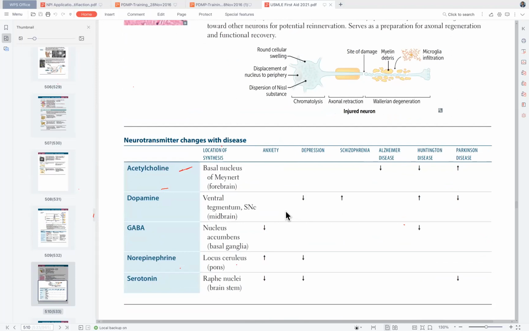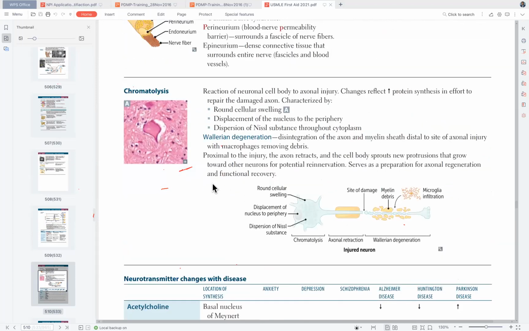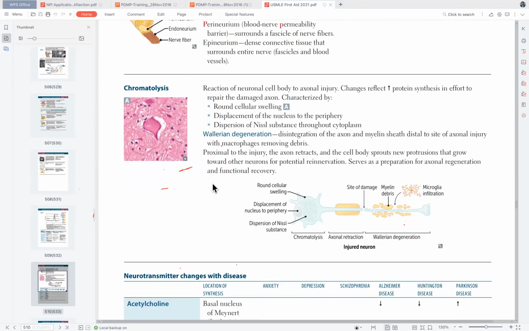So this is just like inflammation. Yes, just like inflammation in the brain, exactly. But they want you to know the color changes that go on inside the cytoplasm of the nerves, right? So if the injury just happened, you might not see a lot of changes. But if the cytoplasm turns pink, then you know that maybe there are, or if you find these Nissl bodies, then it also tells you a different thing, right?